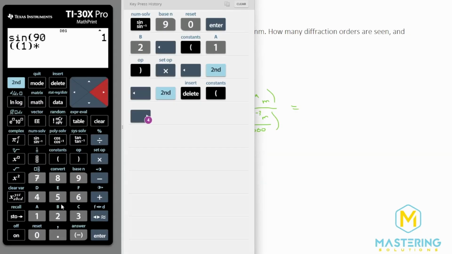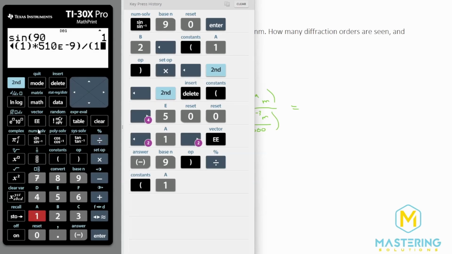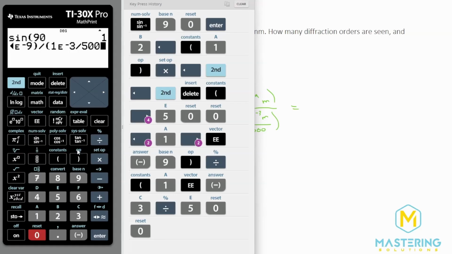Okay, so 1 times, 500, whoops, not 500, 510. 510 times 10 to the negative 9. And then all that is divided by d, which is 1 times 10 to the negative 3 divided by 500. There we go. Okay, so that gives us a value of 0.255. So that is what the m lambda over d value represents.